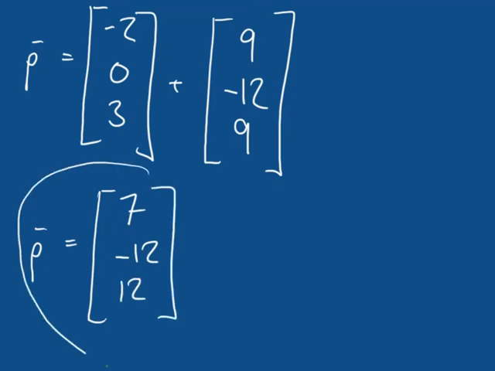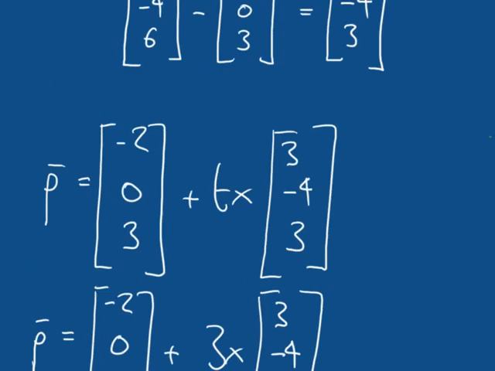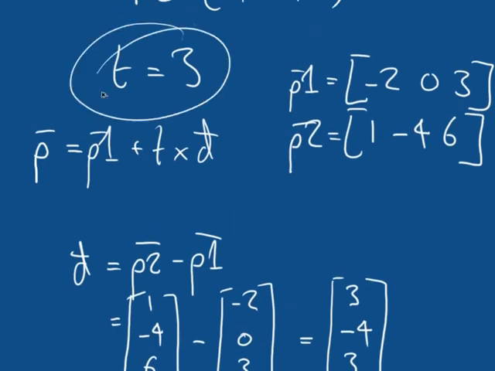So the point on the line represented by the parameter value T equal to 3 is the point 7 in X, negative 12 in Y, and 12 in Z: the point (7, -12, 12) as represented by the position vector P. Of course, if you defined your direction vector differently, if yours traveled from point 2 to point 1, for example, or perhaps you decided to normalize that vector to a unit in length, then the parameter value T equal to 3 is going to give you a different result.